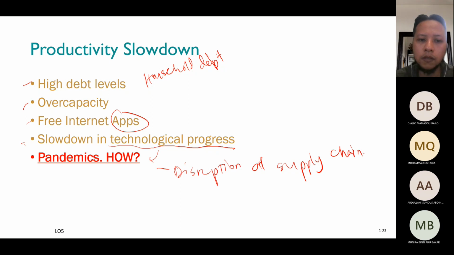Because in some countries, for example, I think in China, especially when the pandemic happened and they had a lockdown, the technological components that are needed in other countries were not delivered. So this was also a factor that caused a slowdown in the global economy.